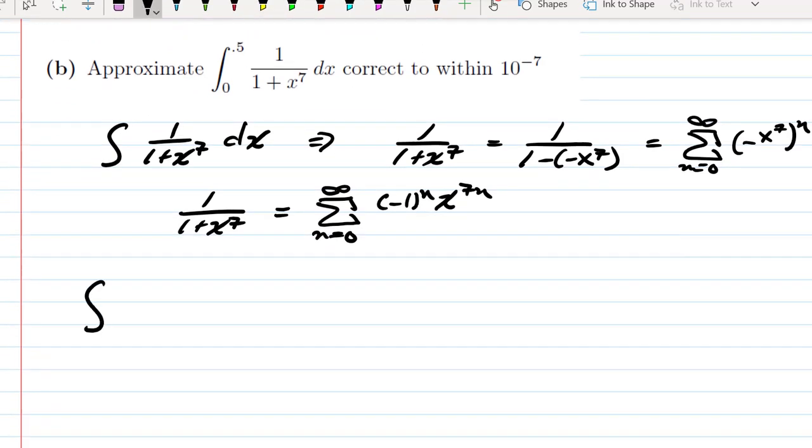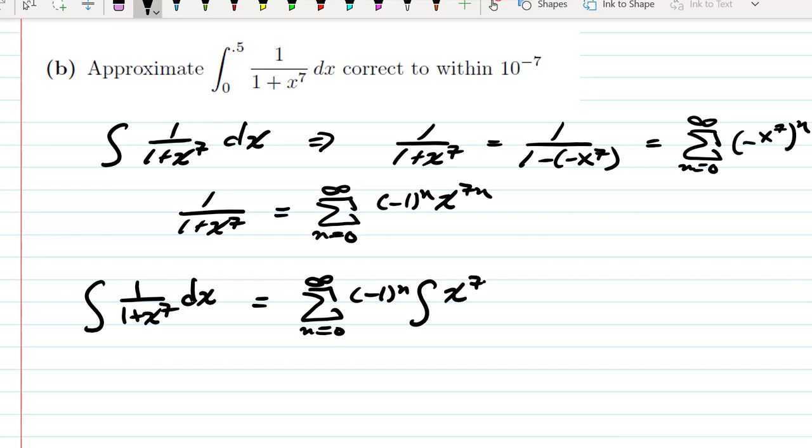So if we integrate both sides of this, that would be the same as, and we can interchange our summation and our integral, negative 1 to the n, the integral of x to the 7n dx.